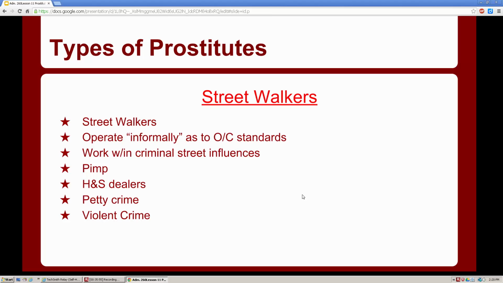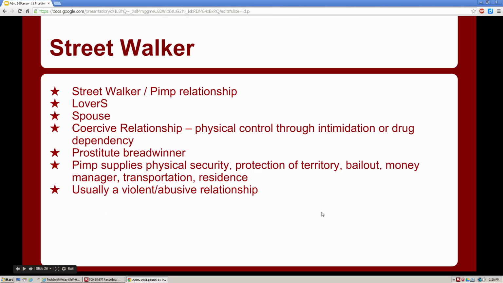So a streetwalker is your most basic type of prostitute. She'll usually have a relationship with a pimp. Could be a lover, could be even a spouse, but the relationship is very coercive. There's physical control by the pimp over the prostitute through intimidation and drug dependency. The prostitute is always the breadwinner in these cases, so she has to hand over all her earnings. If not, she's going to be severely disciplined.